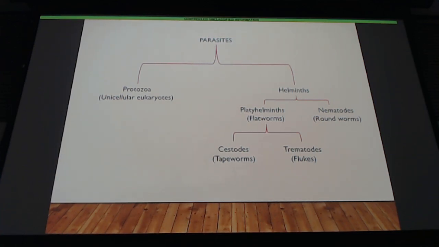Now the reason why I bring this up is because unlike everything else that we talked about, where your white blood cells would come, your macrophages would come, and it would kill everything, in this case the eosinophils cannot kill the parasite. What they do, on the other hand, is attach the IgE to the surface of the parasite, and they release toxic granules that dissolve the outer protein layer of that parasite.